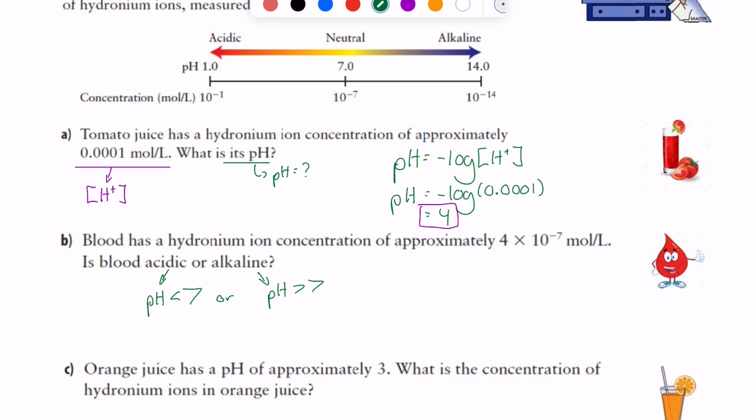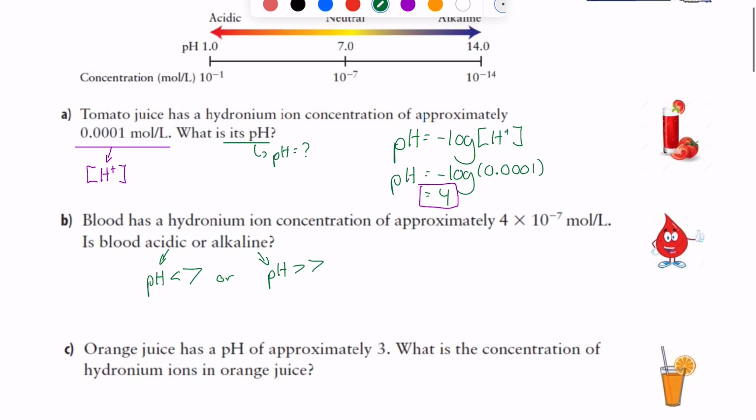So let's calculate it. Our pH is negative log, and the concentration it's giving me is 4 times 10 to the minus 7. On your calculator, if you don't know how to type this in, you have a button that looks like double E's, or you might see it as EXP. That's your ability to put in scientific notation.